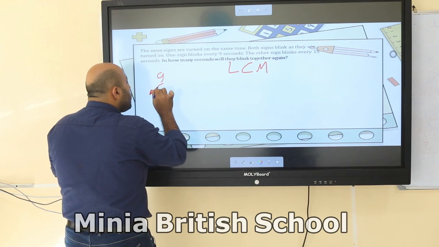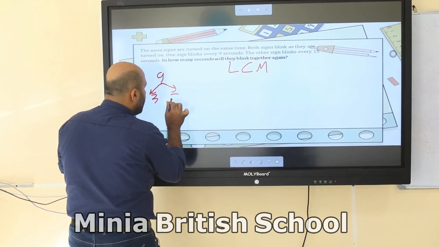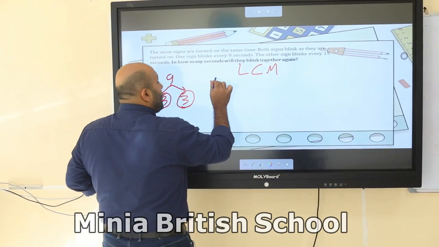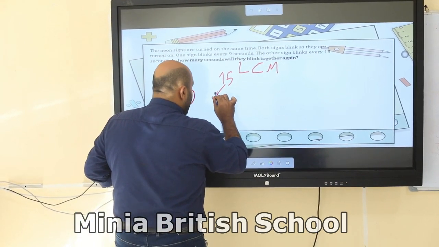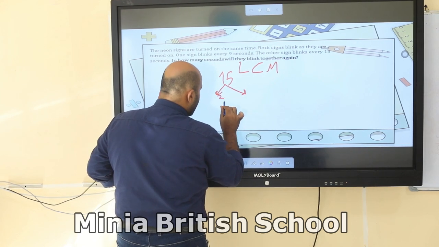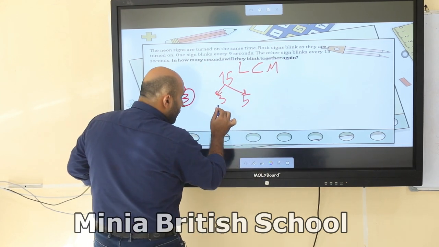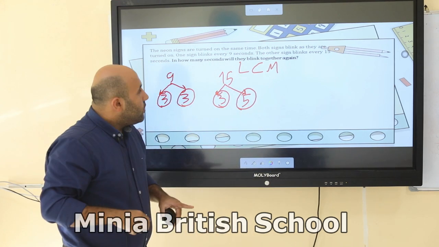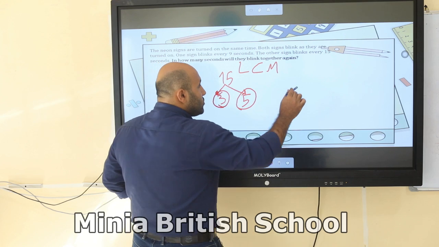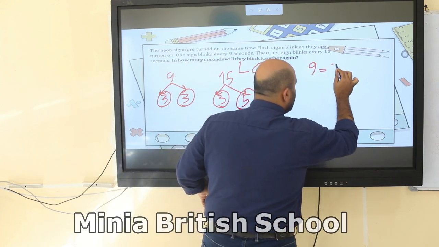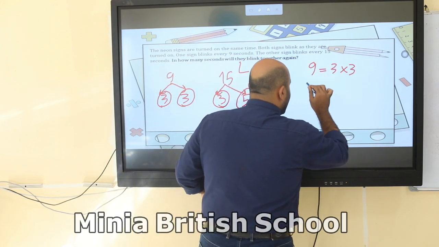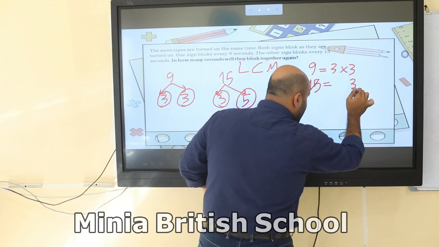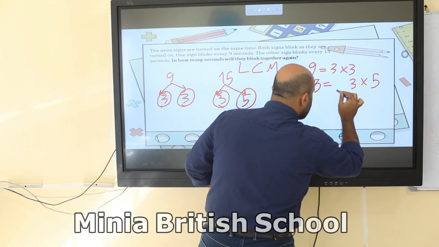The 9, as we all know, equal 3 times 3, and the 3 is a prime number, so put it in a circle and say stop. The same way 15. The 15 we all know equals 3 times 5, and both of 3 and 5 are prime numbers, so put them in a circle and say stop. Let's write their factorization. 9 equal 3 times 3, and 15 equal 3, underneath the 3, times 5.